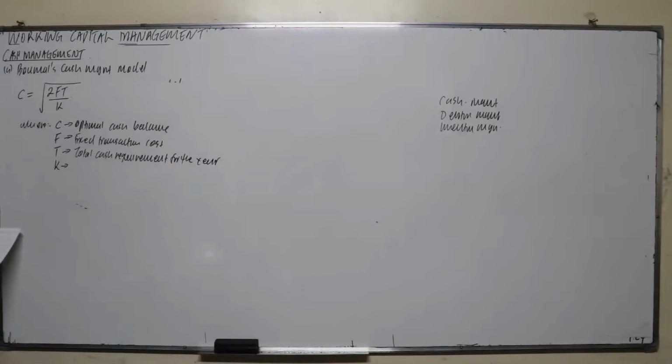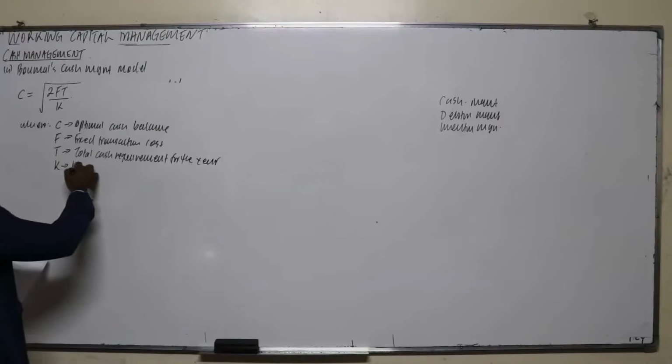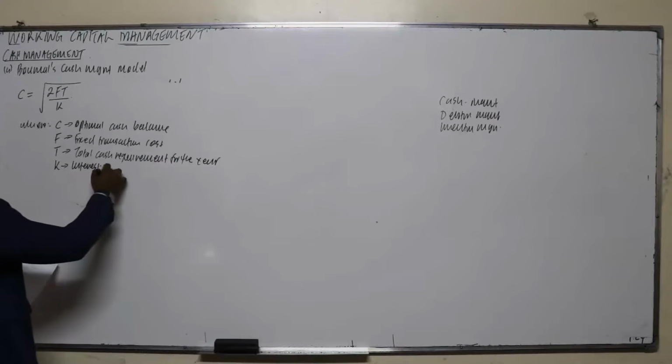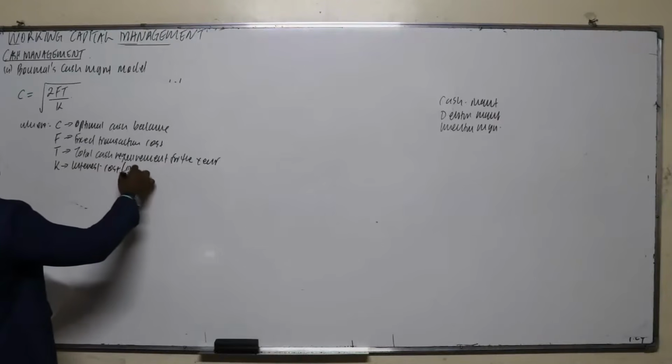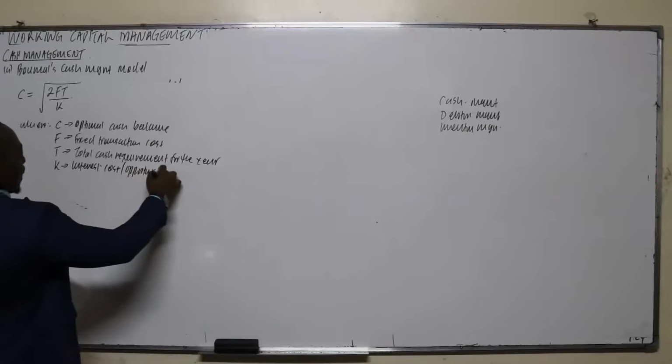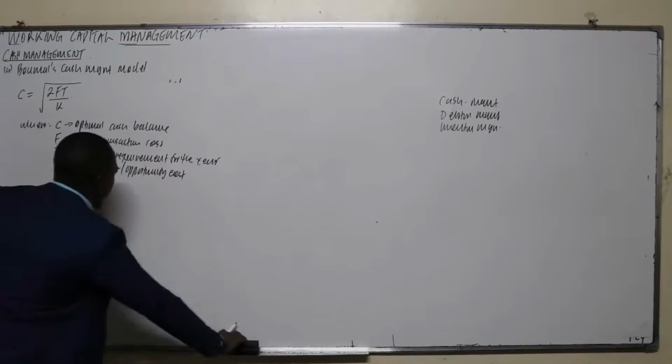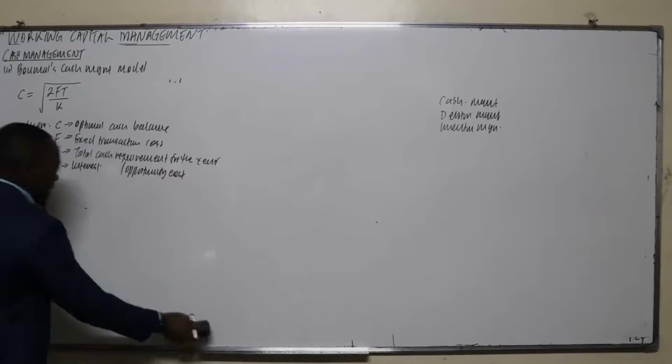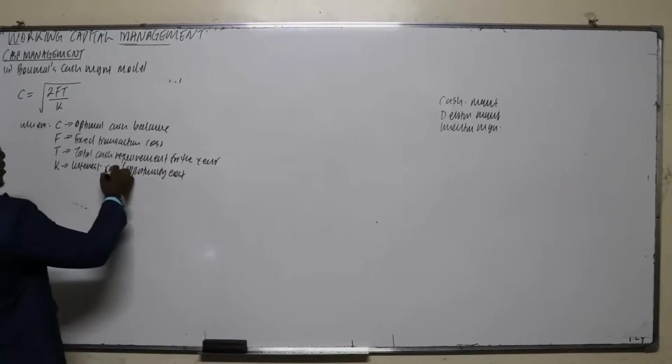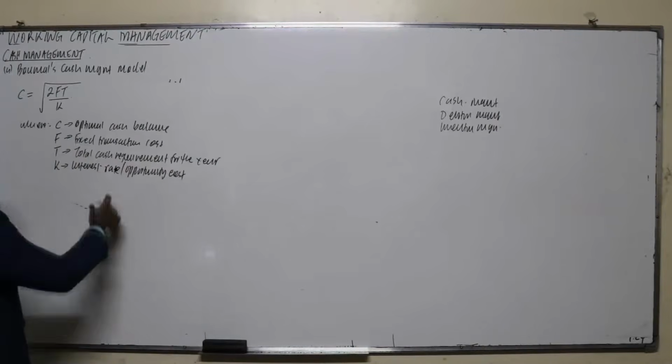And then K is the interest cost or the opportunity cost. I can call it not interest cost, but interest rate.